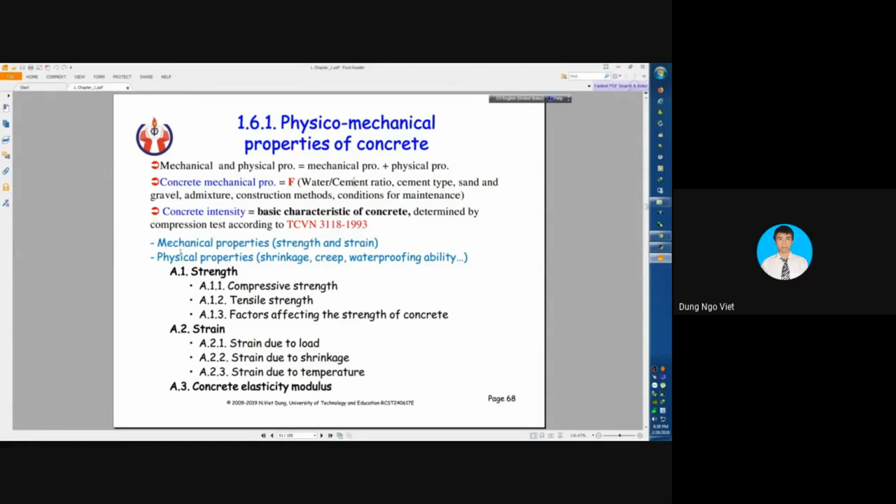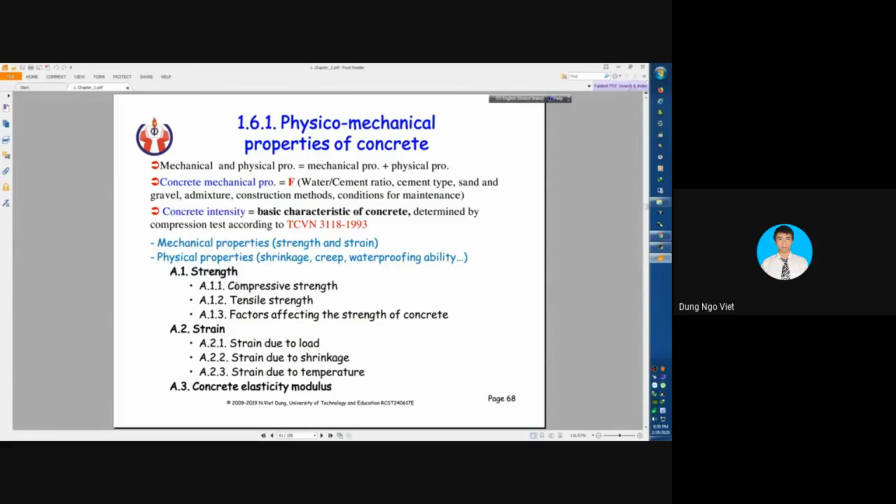And for the mechanical properties of the concrete, we have two terms, strength and deformation. And for the physical properties, we have the following terms: shrinkage, creep, and waterproofing ability. At first, we will study the strength.